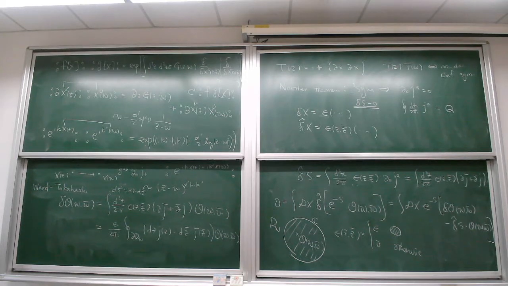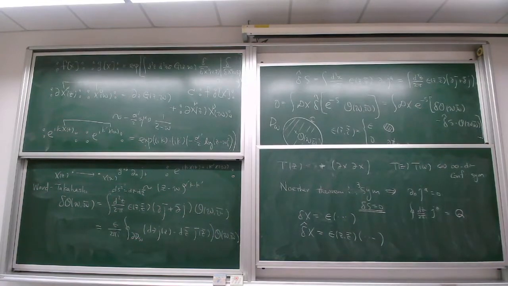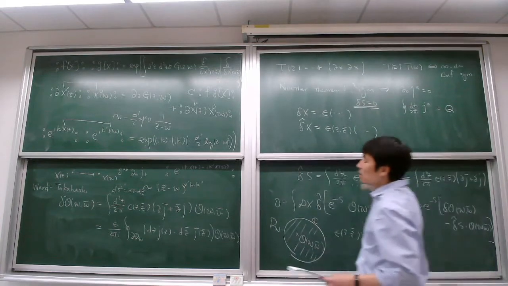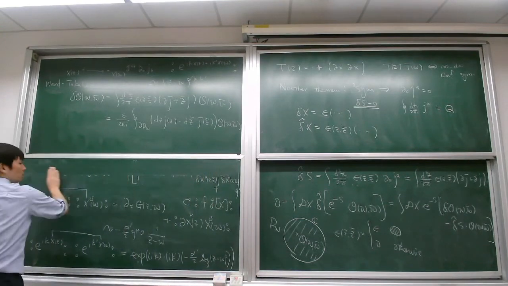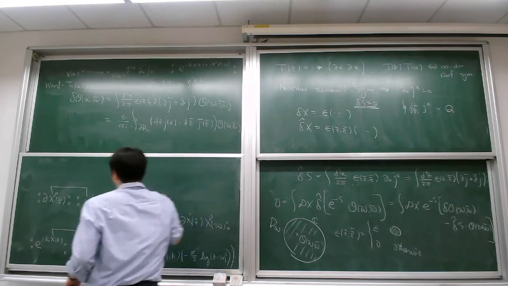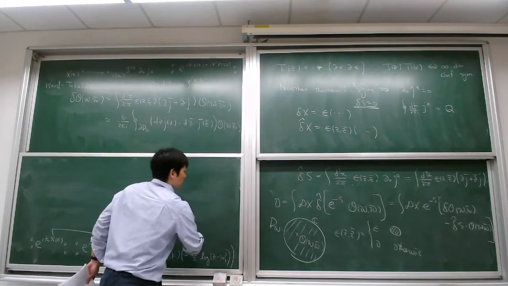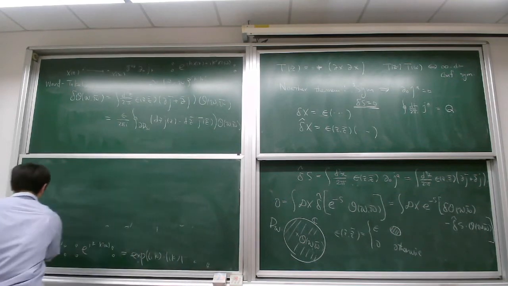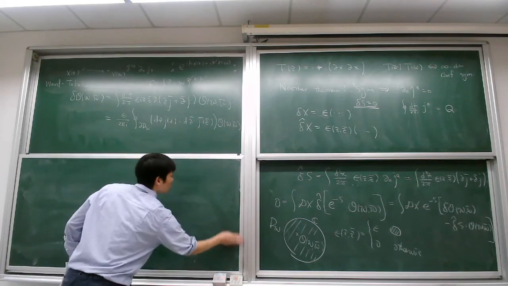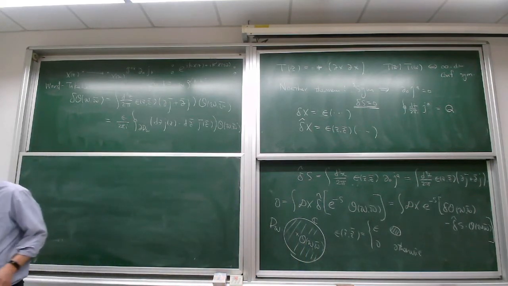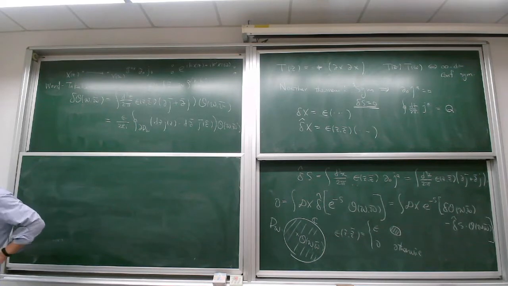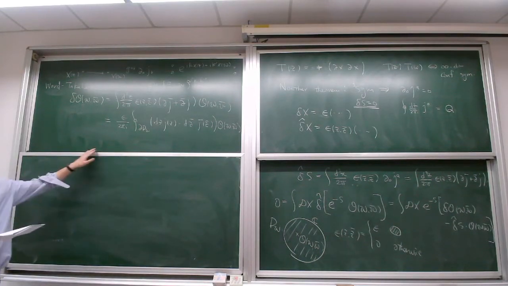Anyway, let's start looking at the example of the Ward-Takahashi identity.